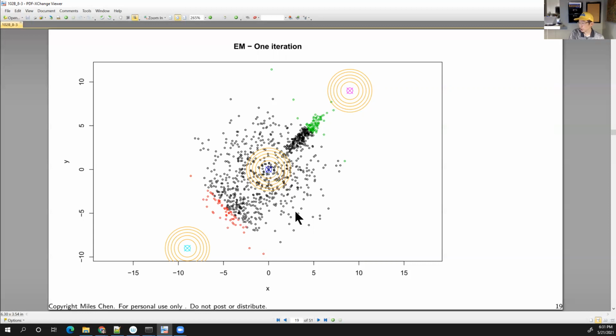Now this picture is misleading, because the truth is every data point gets a probabilistic assignment. As far as the coloring goes, I can only really color a point as either black or green or red.